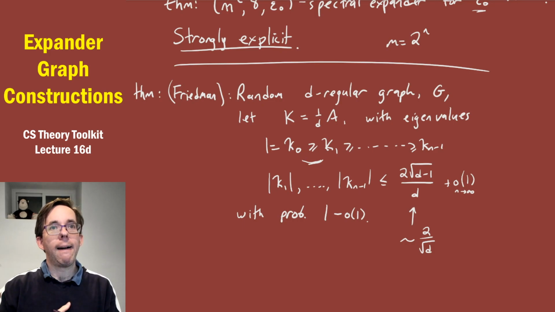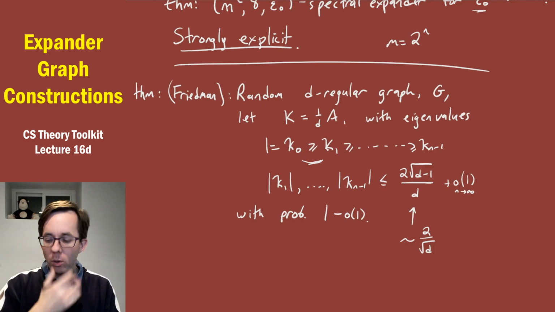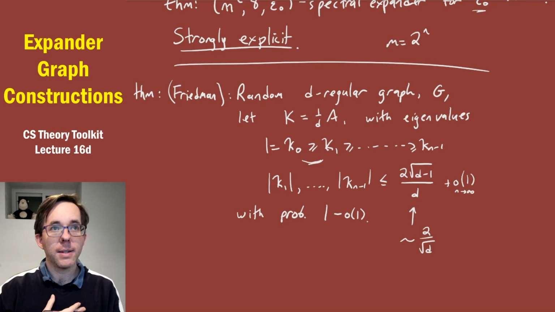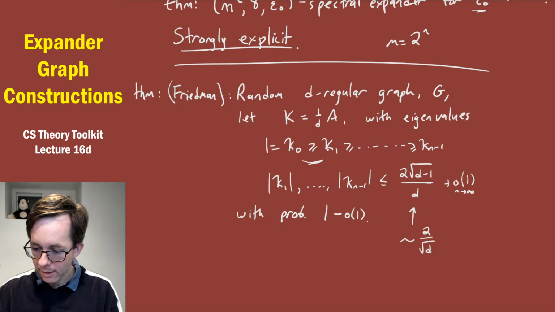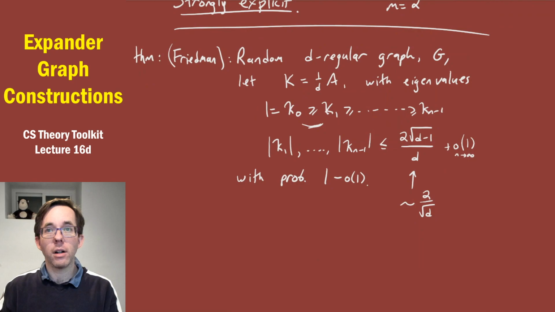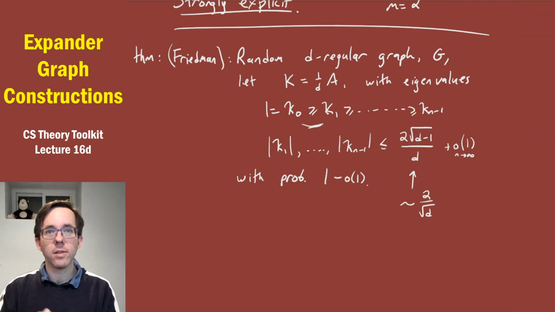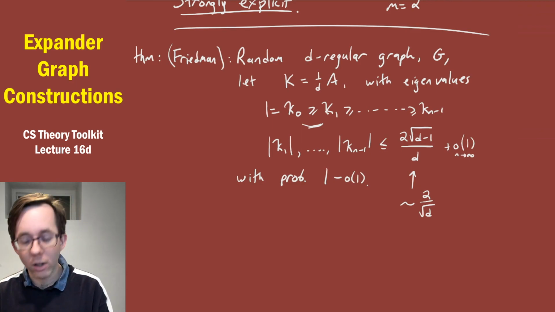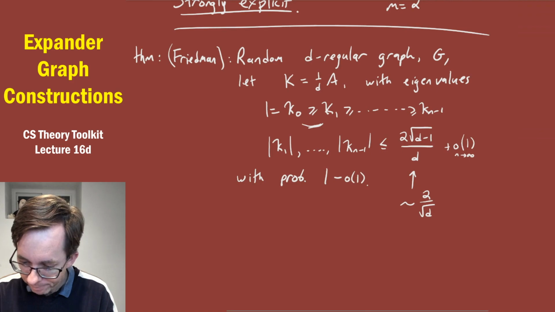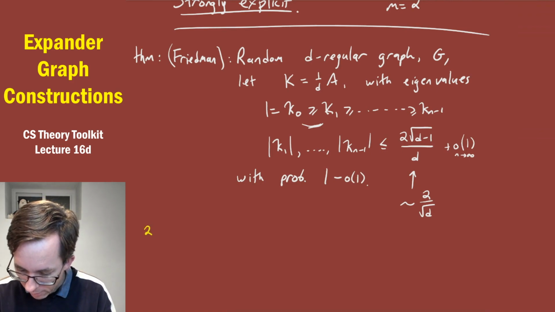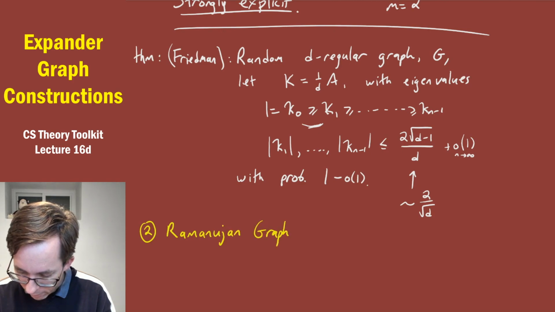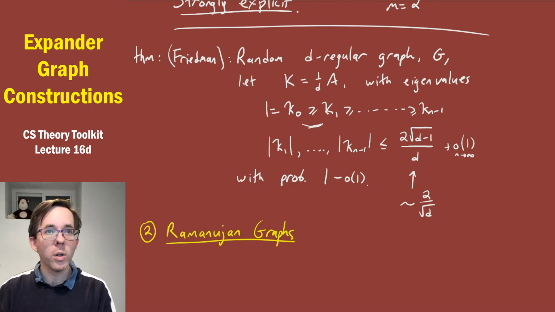And what we'd like to do is get explicit graphs that are close to this. In fact, for some values of d, you can get this bang on. And these are called Ramanujan graphs. So what is a Ramanujan graph?